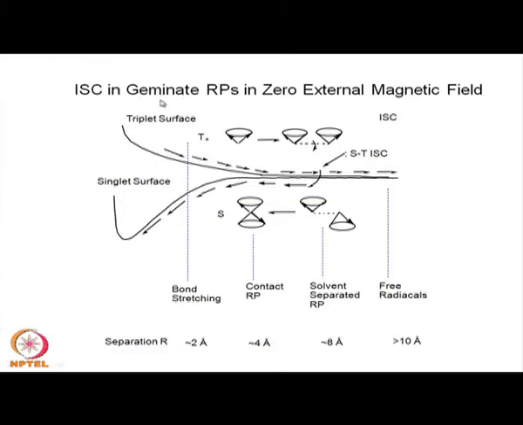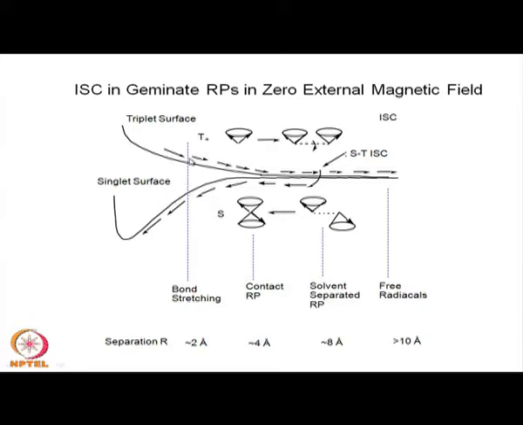So, ISC, I mean intersystem crossing, in the geminate radical pair in zero external magnetic field. You see in the triplet plus state, the T plus state, they were like this. So, that means they are a contact radical pair. Here it is the bonding separation.